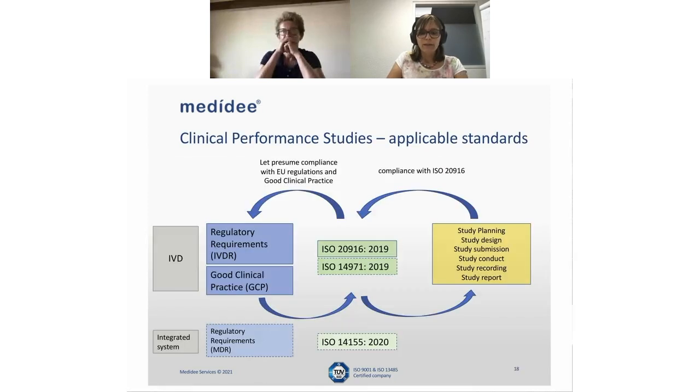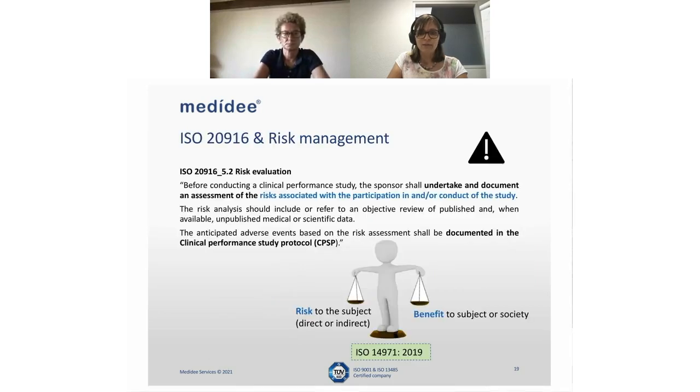Then as well, when talking about what type of standards are applicable when planning a clinical performance study, here I would like to mention the ISO 14971, which is the standard on risk management, because, as for all clinical investigation, there is a tight link between the clinical investigation and risk management.